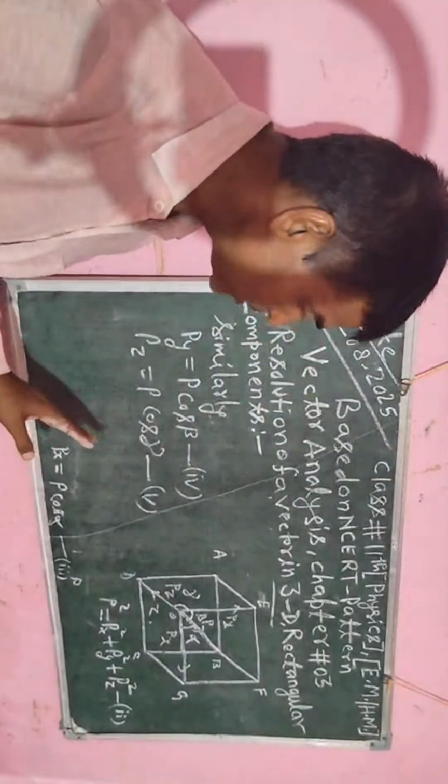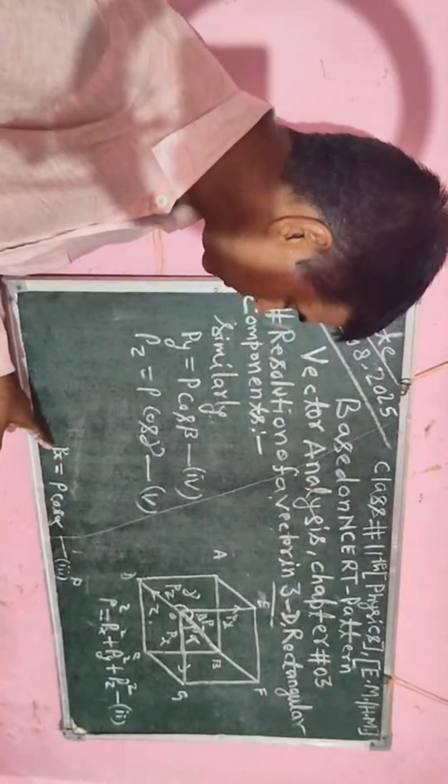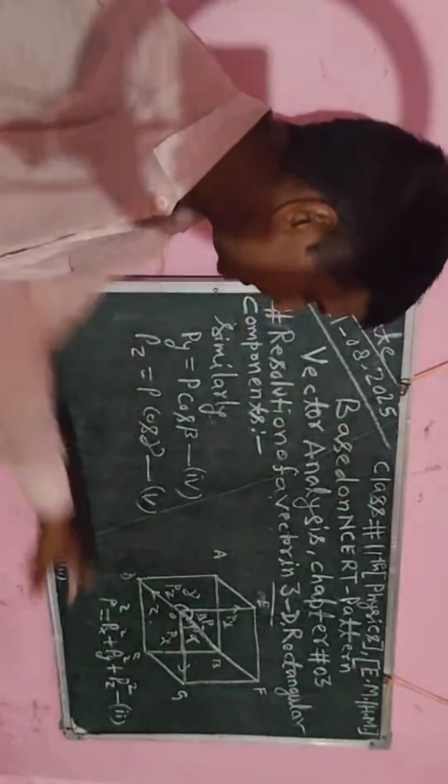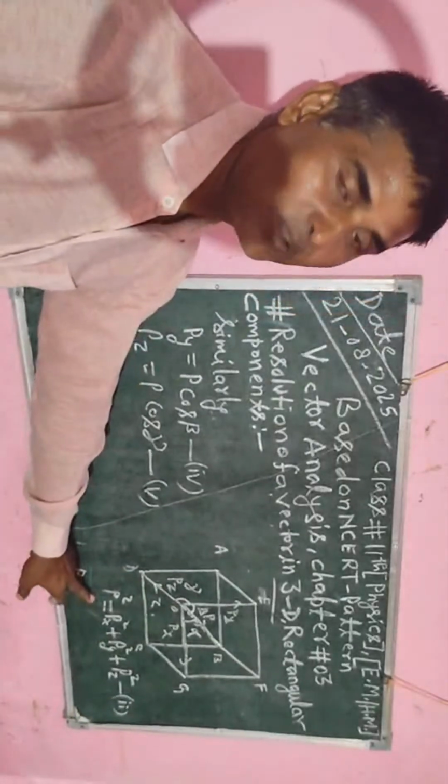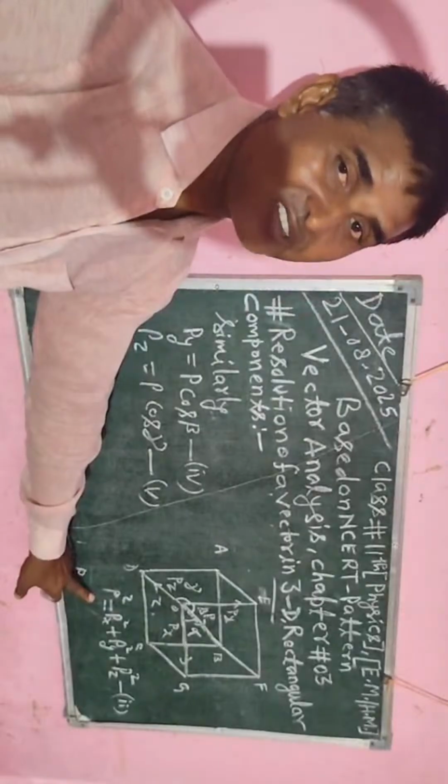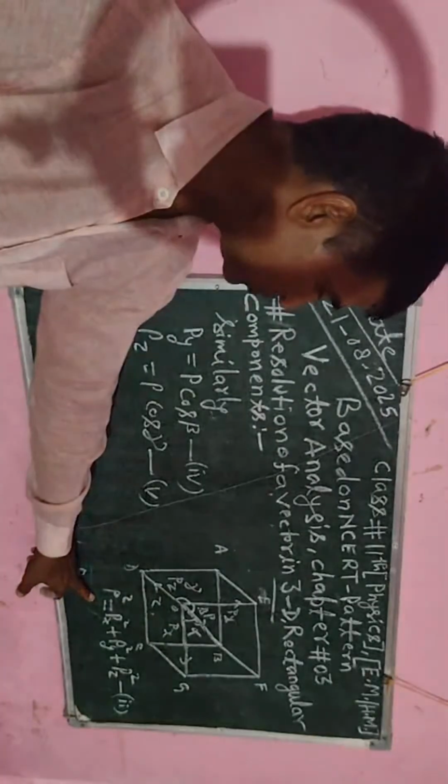Now I will write one statement: putting the value of px, py, pz in equation number 2, and then we get one identity, and that identity will be important and we have to remember.